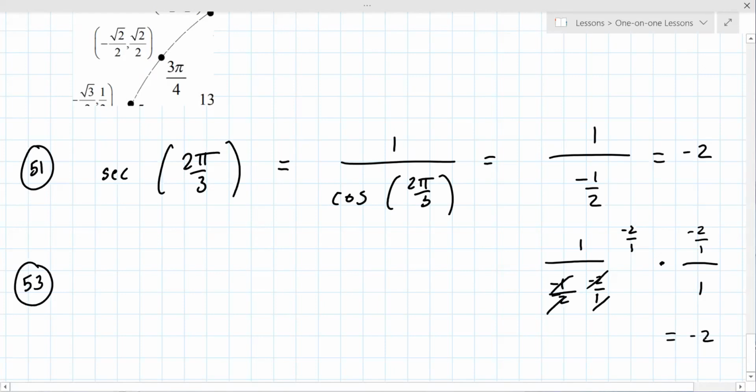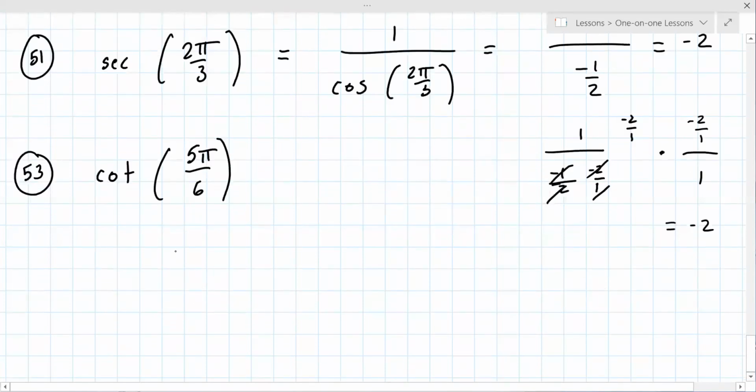So 53, is that what we're up to? Yes, 53. Cotangent 5 pi over 6. This one can be written a couple of ways. It's 1 over the tangent of 5 pi over 6.